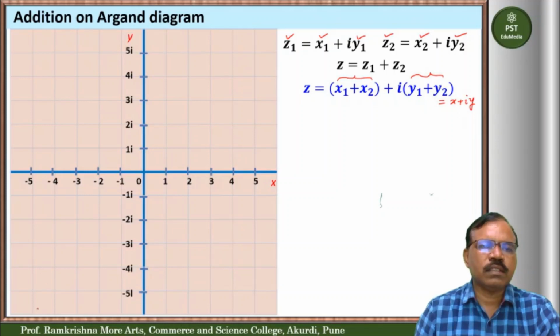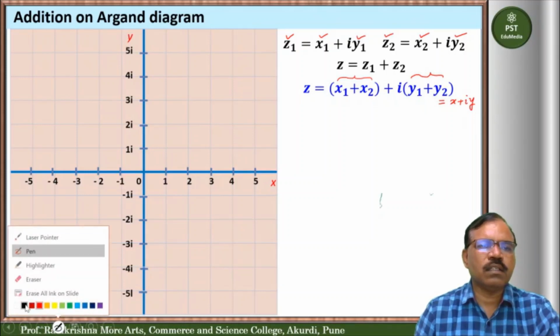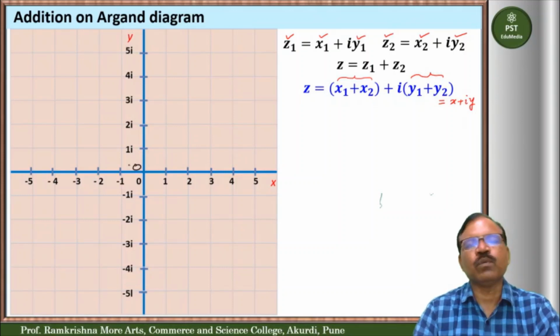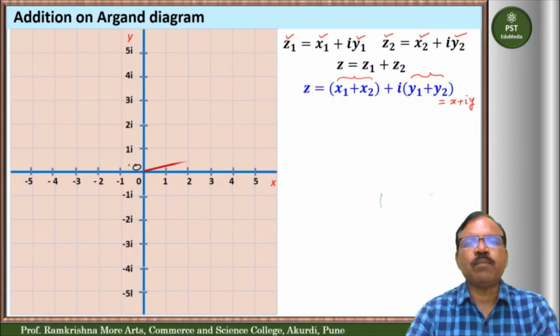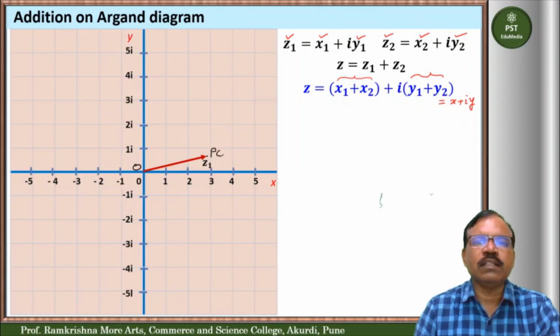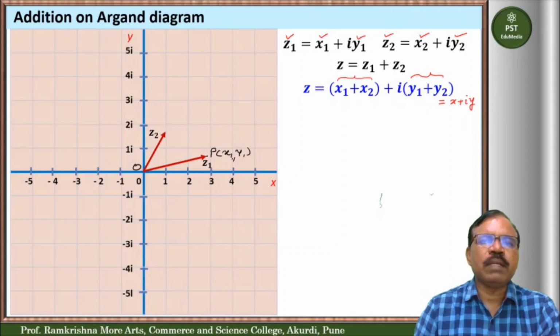This has center O, and we take a point, this is Z1. So I can write here point P that represents Z1 by coordinates x1 and y1. Let us take Z2, which is represented by vector OQ with coordinates x2 and y2.